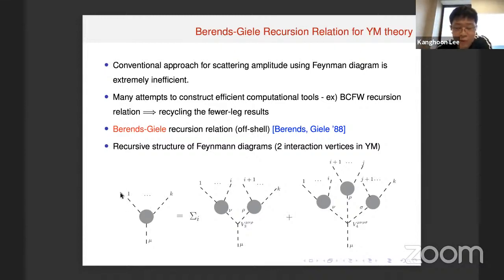If we consider k+1 particles, we pick up the last particle, which is off shell, and we assign the k particles in this way. Because in Yang-Mills theory there are two kinds of interaction vertices, 3-point and 4-point, we can always decompose it like that.